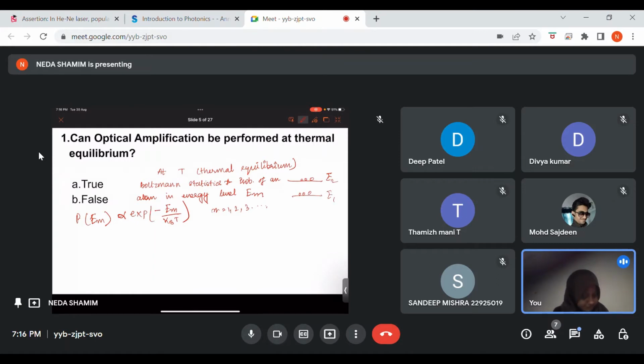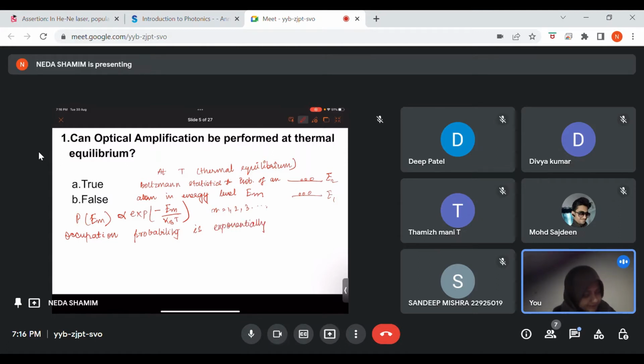So this occupation probability is exponentially decreasing for higher energy levels.